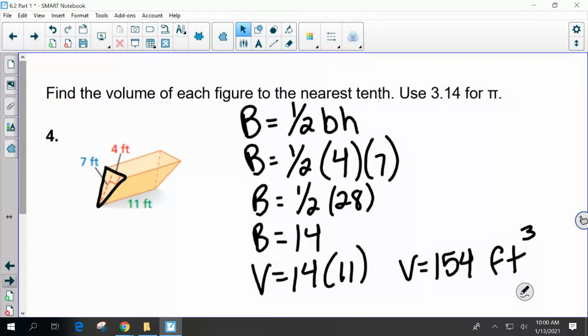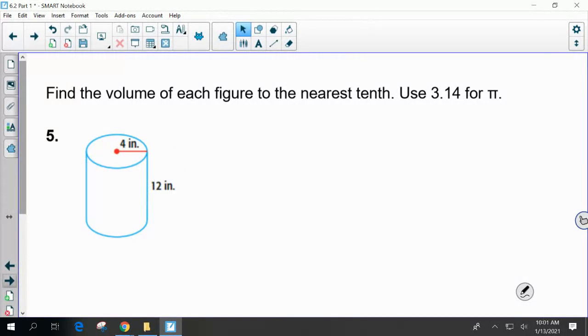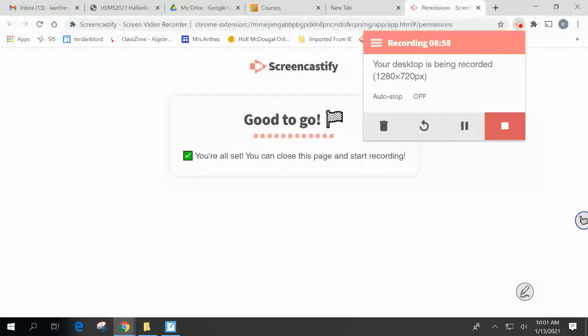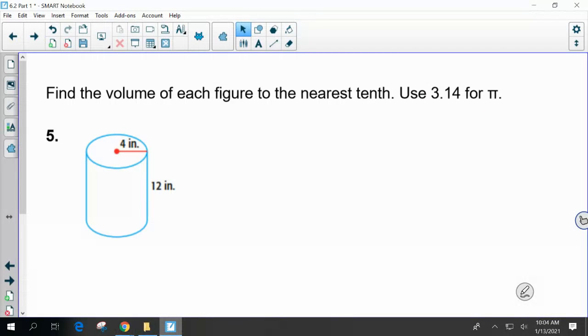Okay, so I want you guys to try this number 5 on your own. So you'll have to pause your video and work through number 5. Okay, so for capital B, you will take pi times 4 squared.